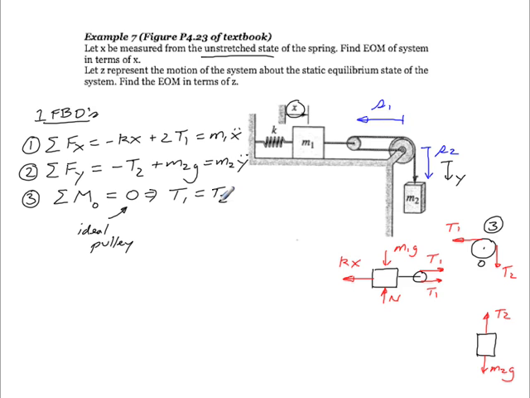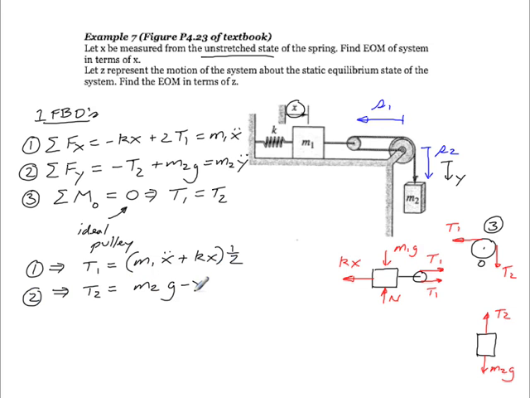So basically we have here that the first equation gives us that T1 is equal to M1 X double dot plus Kx divided by 2. And equation 2 says that T2 is equal to M2 g minus Y double dot, like that.